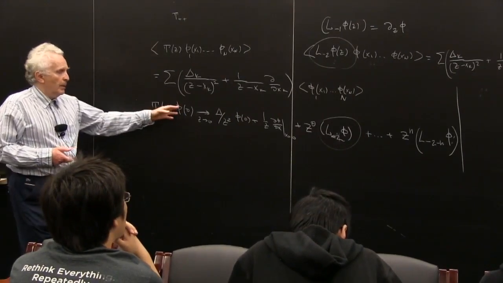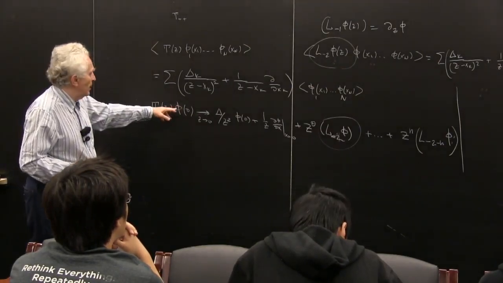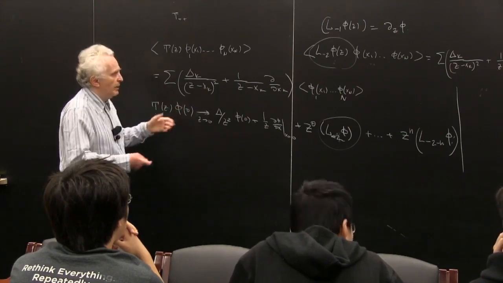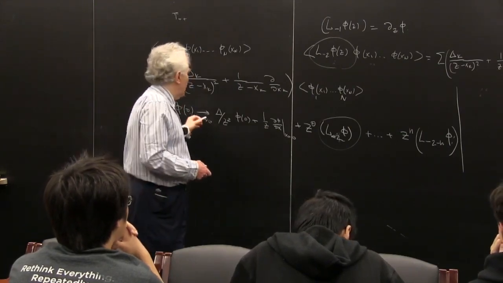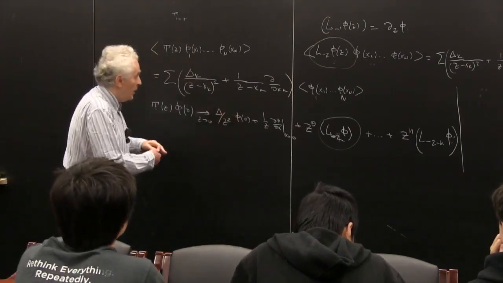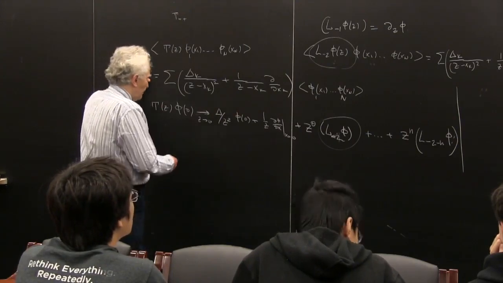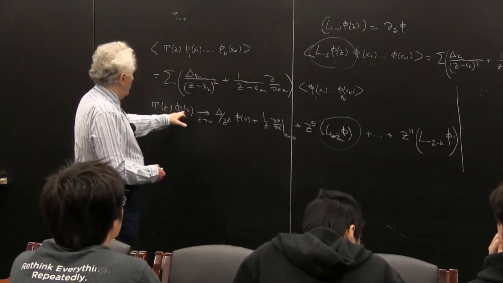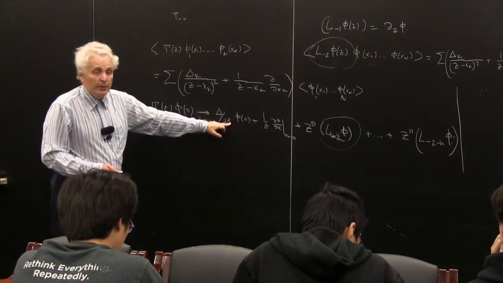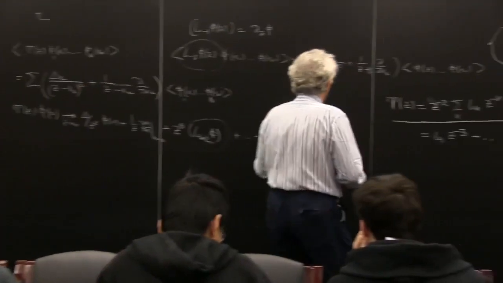L minus 1 phi. We actually looked at this example already. If you take a simple derivative, L minus 1, then it's clear from here you get the term 1 over z cubed, which corresponds to L1.